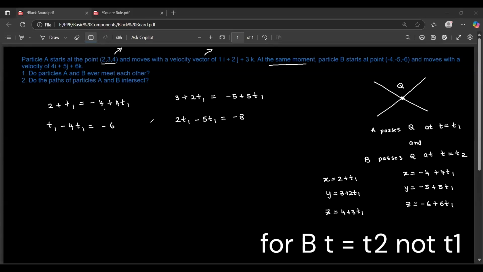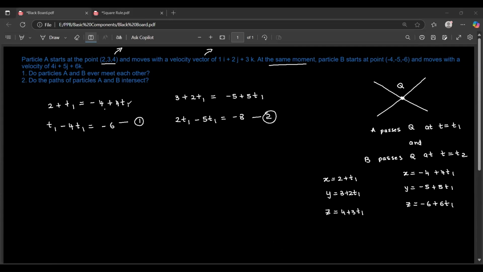So this is the first equation, and this is the second equation. We also have a third equation that we should verify. First of all, we'll come up with the values for t1 and t2. Sorry, these are all t2.